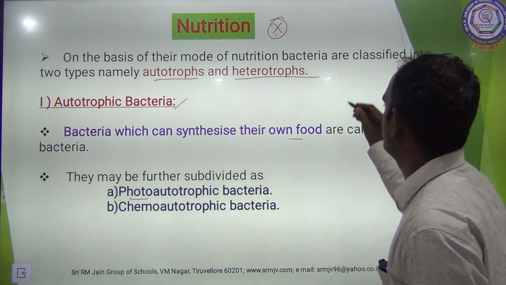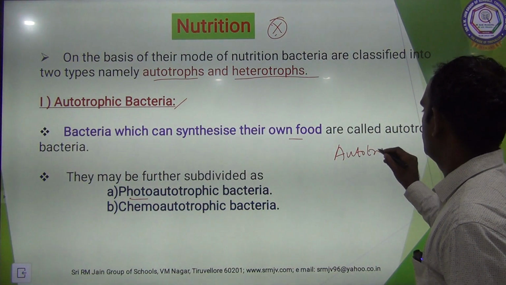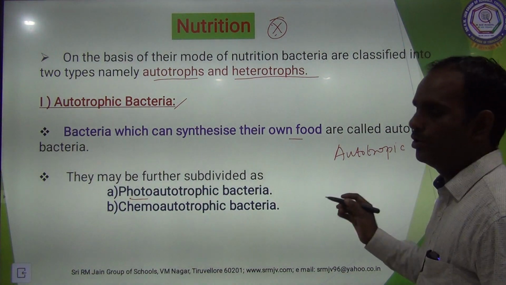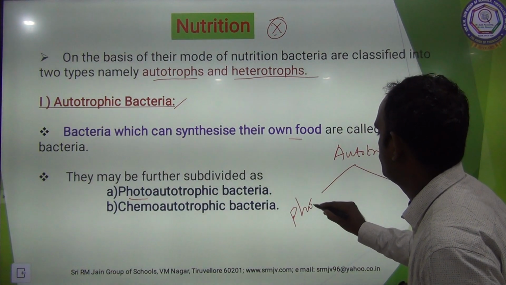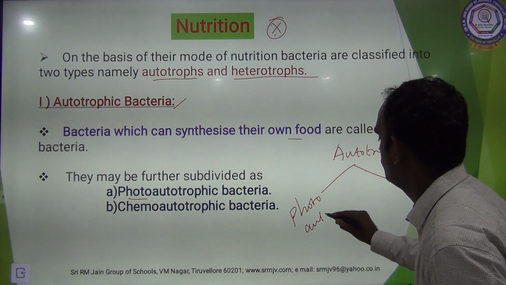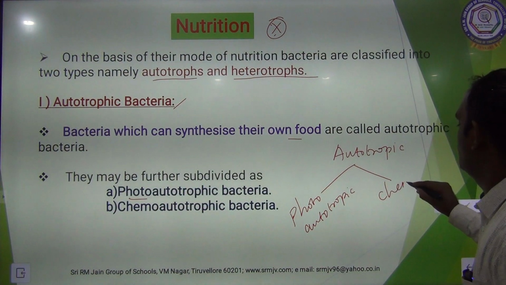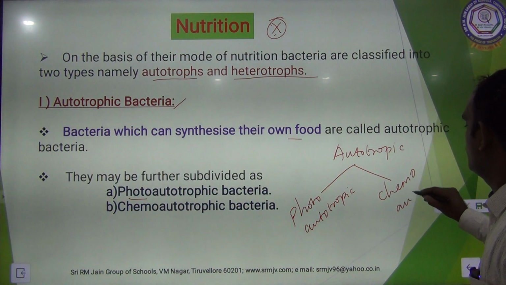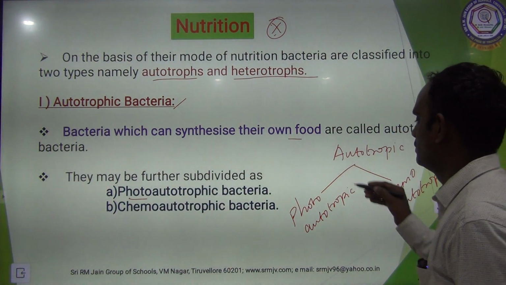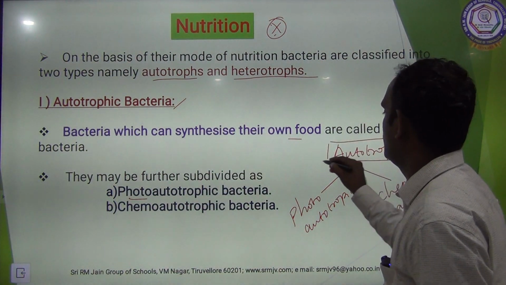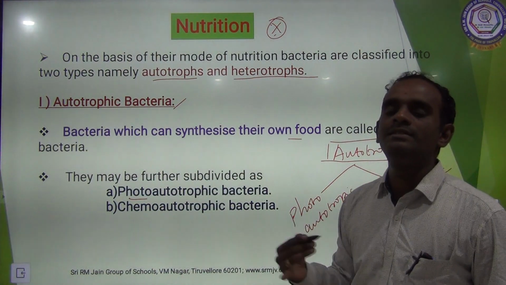See here. Autotrophic is further divided into photoautotrophic and second one chemoautotrophic. Please practice that flow chart, then only you will feel it easy to learn by heart.